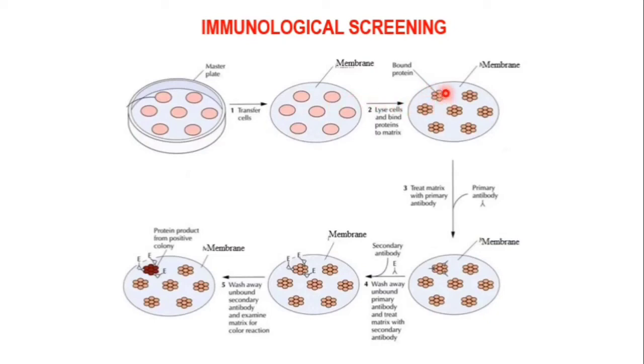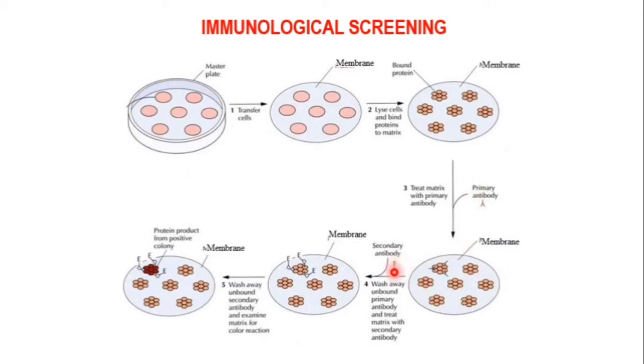Then we add a primary antibody that is highly specific to our desired gene's protein. This primary antibody will bind with the desired protein present on the nitrocellulose membrane, and the remaining primary antibody will be washed away.